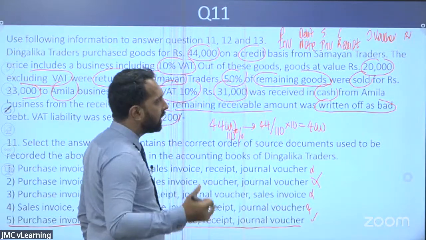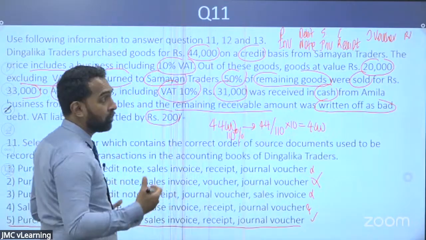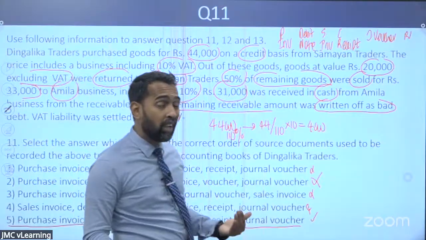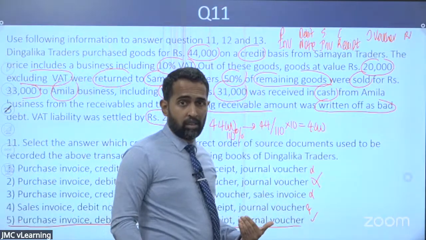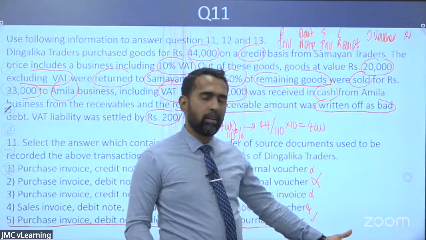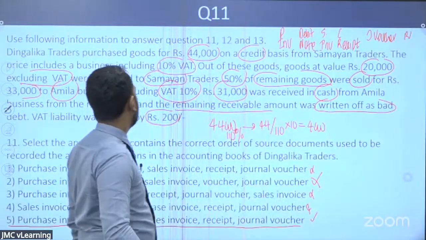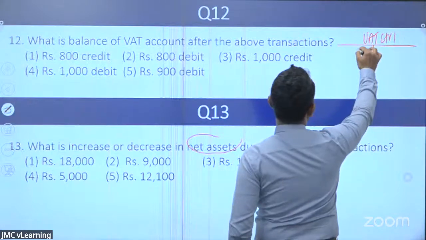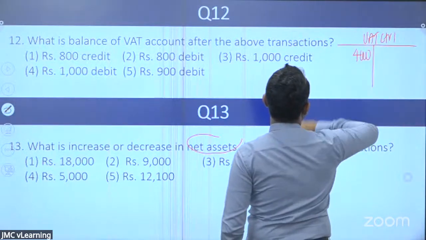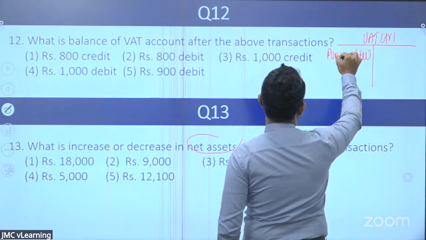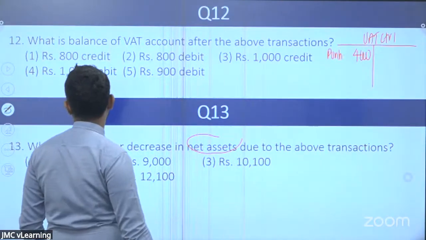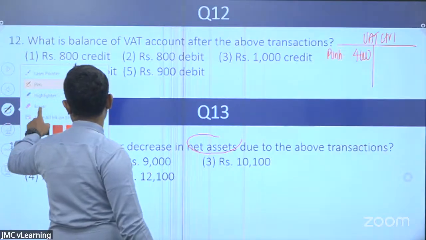When you are purchasing, whatever VAT amount you paid, you can recover. So that will be debited to the VAT control account, 4,000, for the purchase. The creditor. Let me put that as creditor.